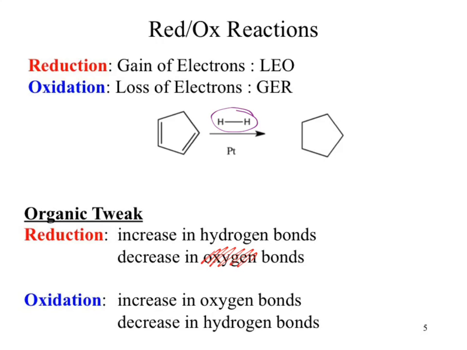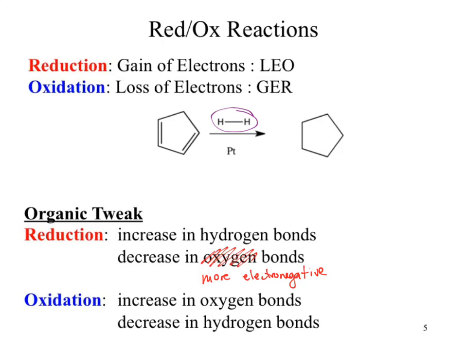What we're looking at is an increase in more electronegative bonds. Anything more electronegative, if we increase that type of bond, while at the same time not doing the other thing, then we're looking at a reduction.